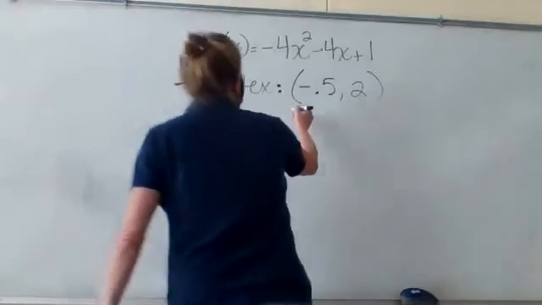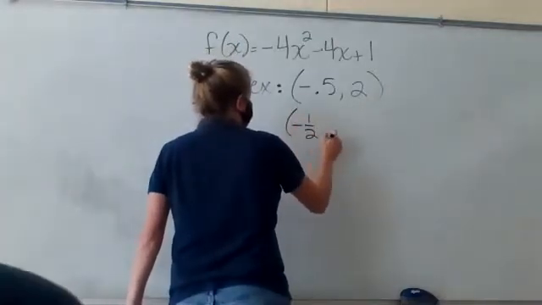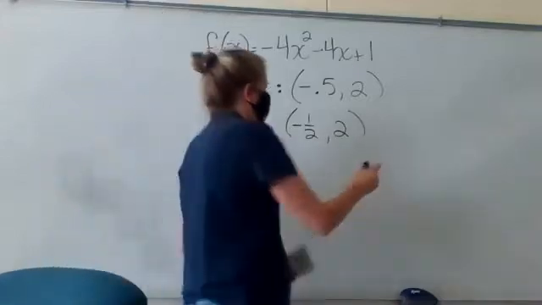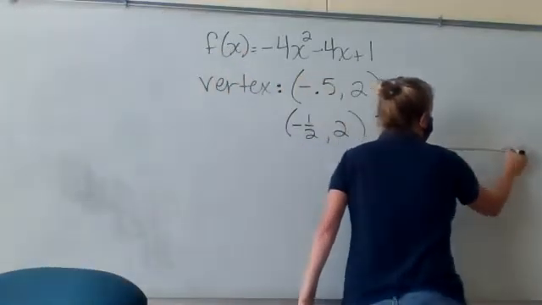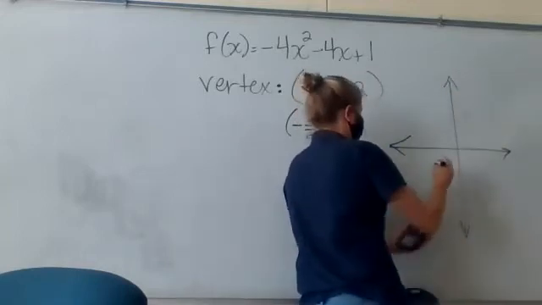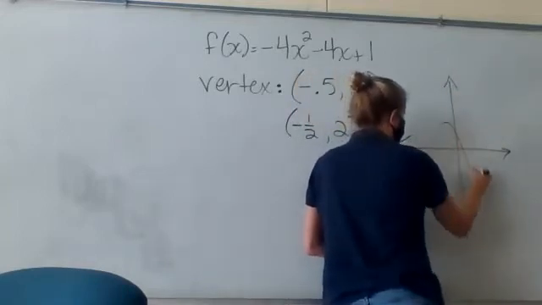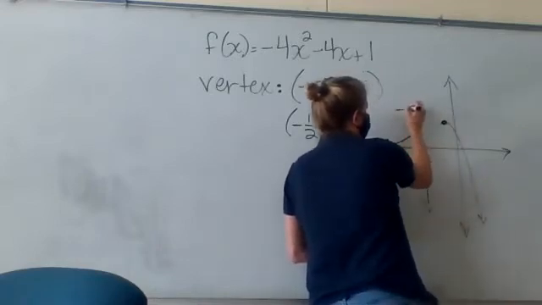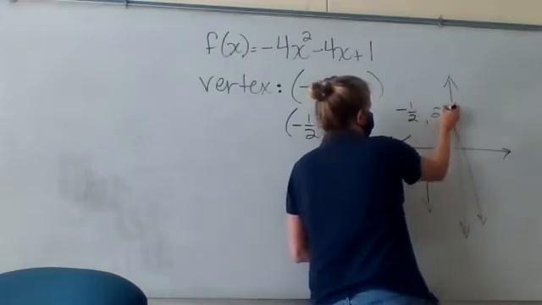So let's see. I'm going to go back to my graph and draw this out. So we just found that the vertex is at negative 1/2, 2.